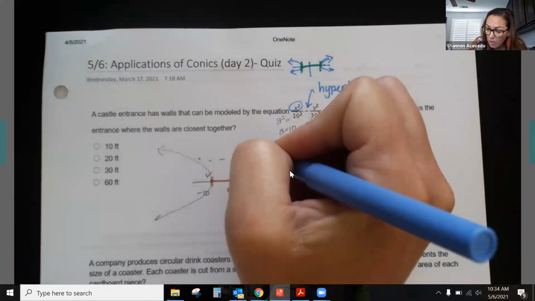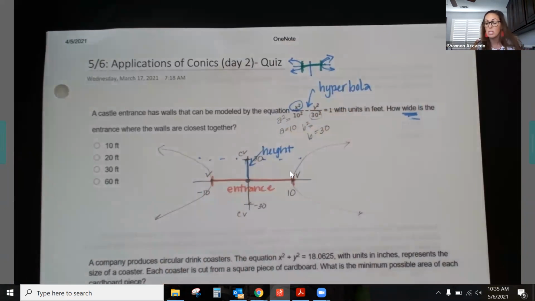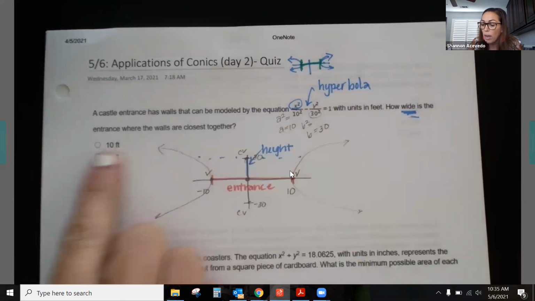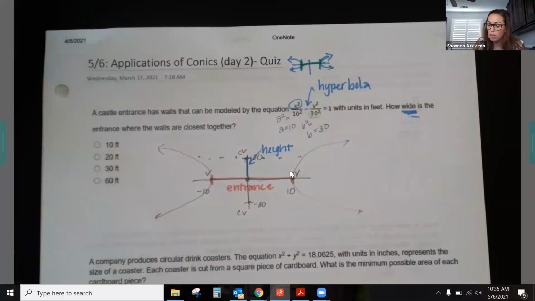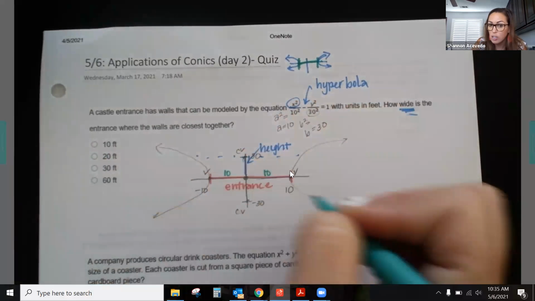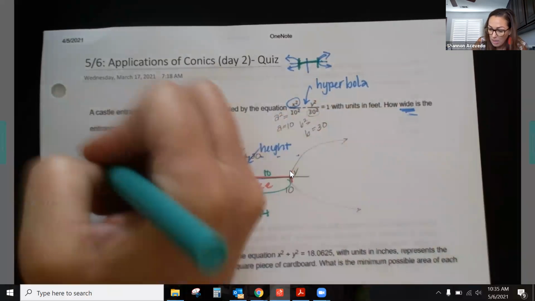So just to kind of give you guys some visuals of how to actually put it in context of the castle, this would be representing that height, and this distance right here between the vertices would be the entrance that they're talking about. It's where the walls would be closest together. So how wide is this entrance? Well, we know that if this is going to be 10 and this is going to be 10, then this entrance has to be a total of 20 feet. And there's my answer.